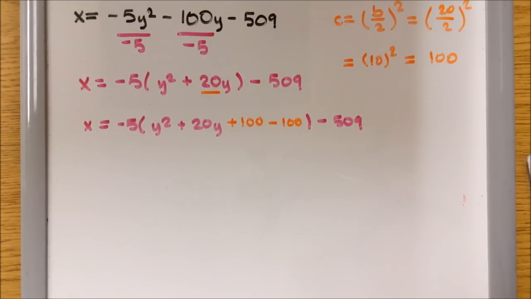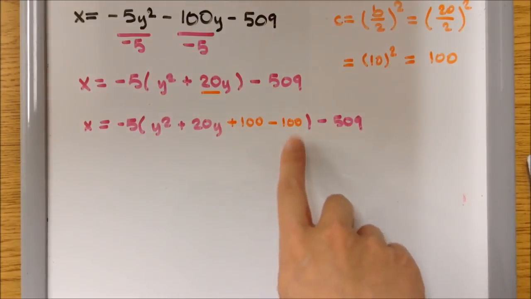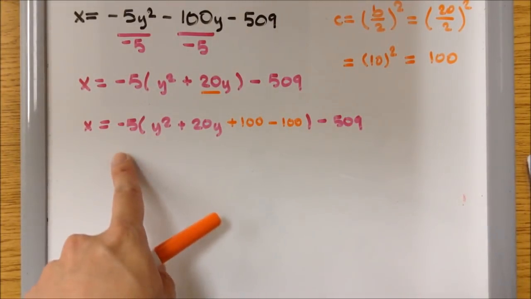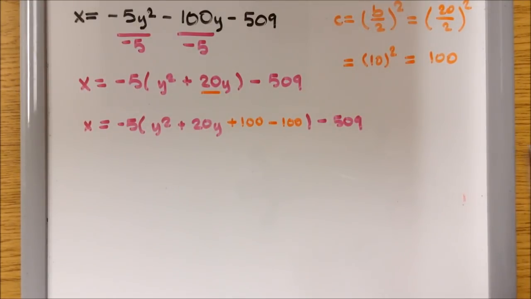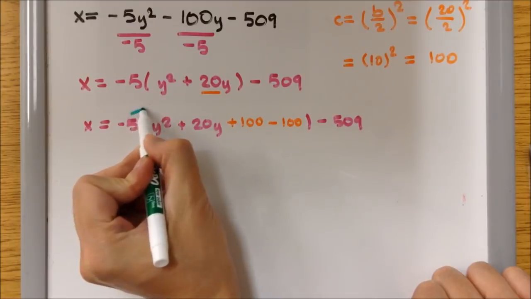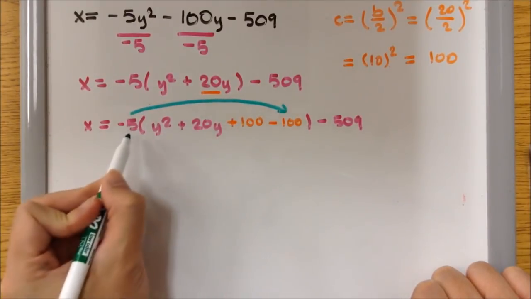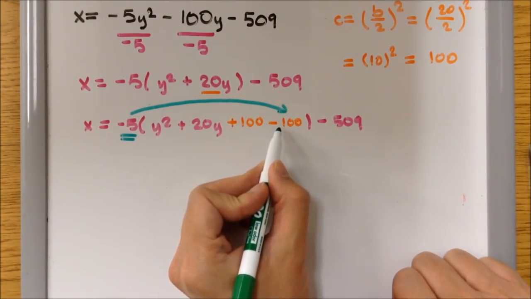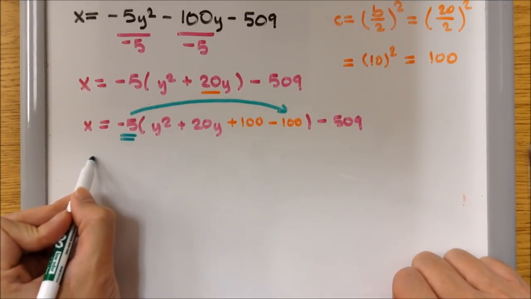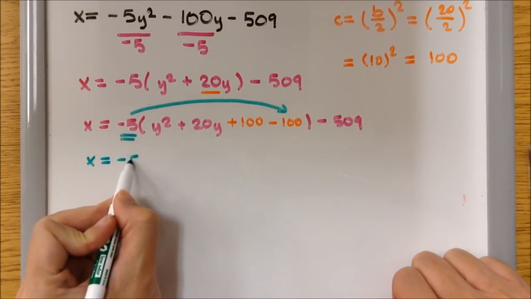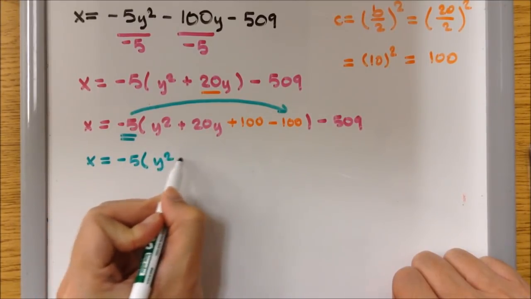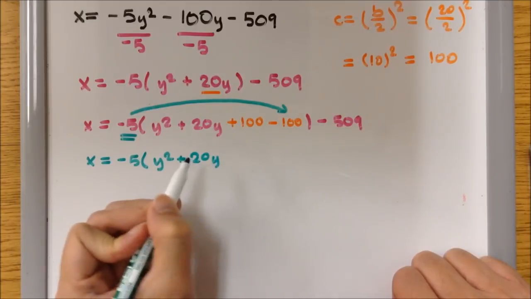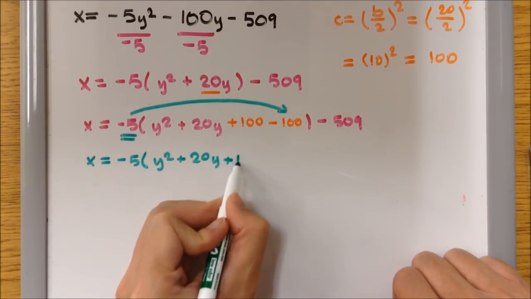Alright. The next thing I'm going to do is bring this minus 100 outside, but I have to distribute the -5 to that -100. So in this example, I'm going to do this part step by step because we have a -5 outside the parenthesis. When we bring out this -100, it's going to look like this: x equals -5 parenthesis y squared plus 20y plus 100.